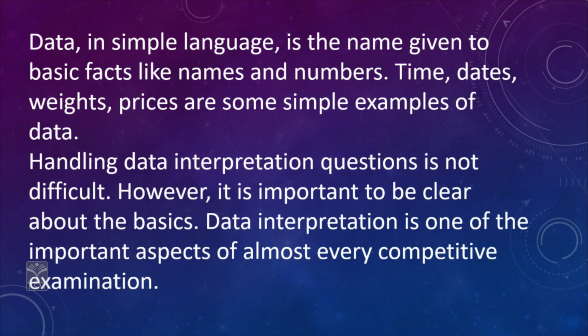Raw data is data where nothing is arranged, neither in ascending nor descending order, nor tabulated. We just collected the data after gathering the information, and that is called raw data. When you make it into a frequency table, a graph or a chart, that is called grouped data.